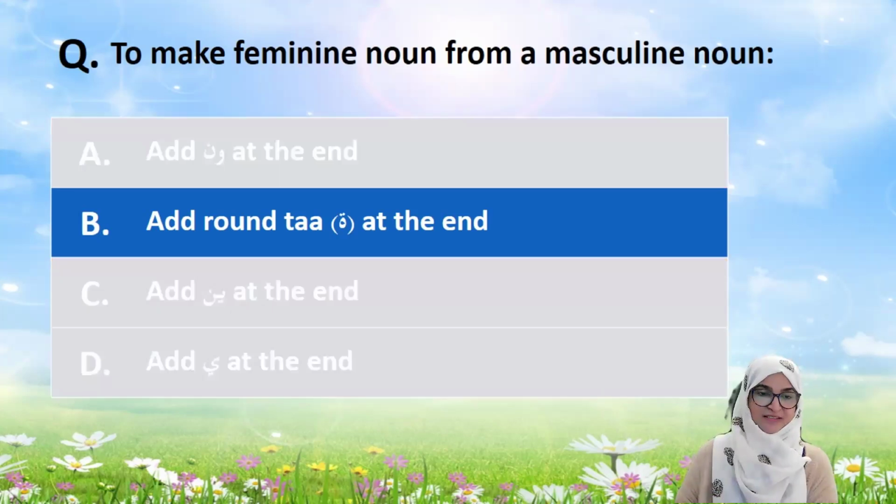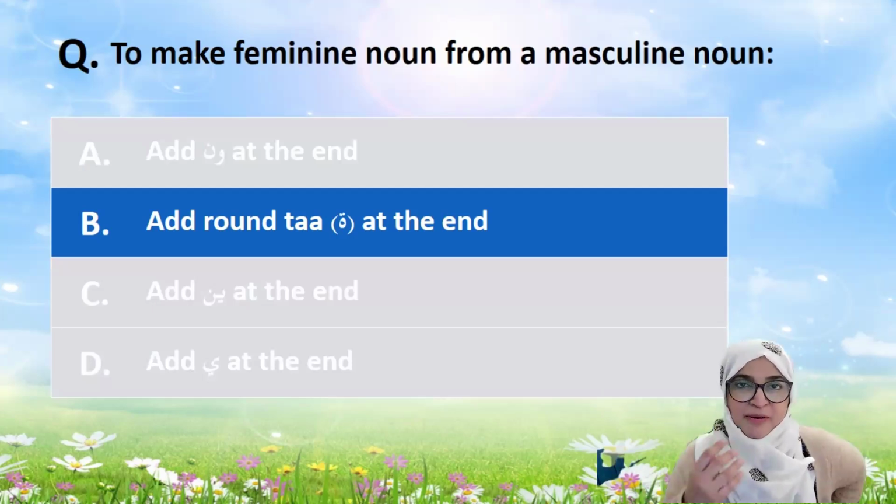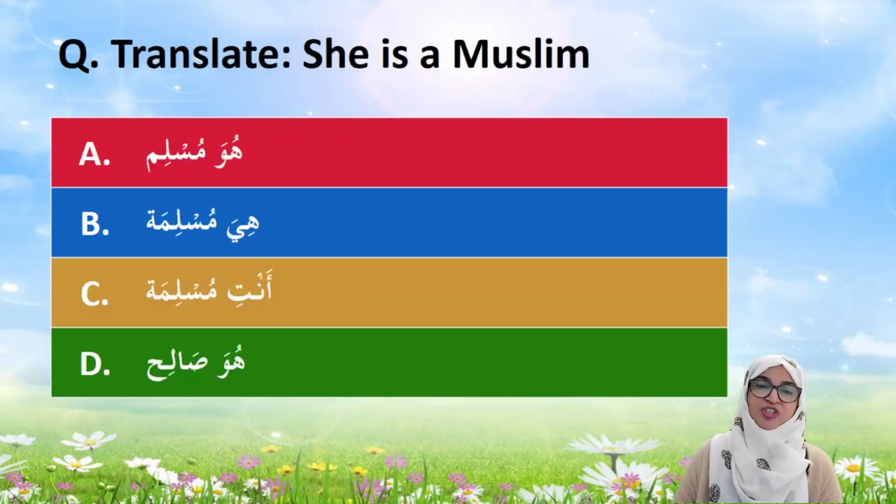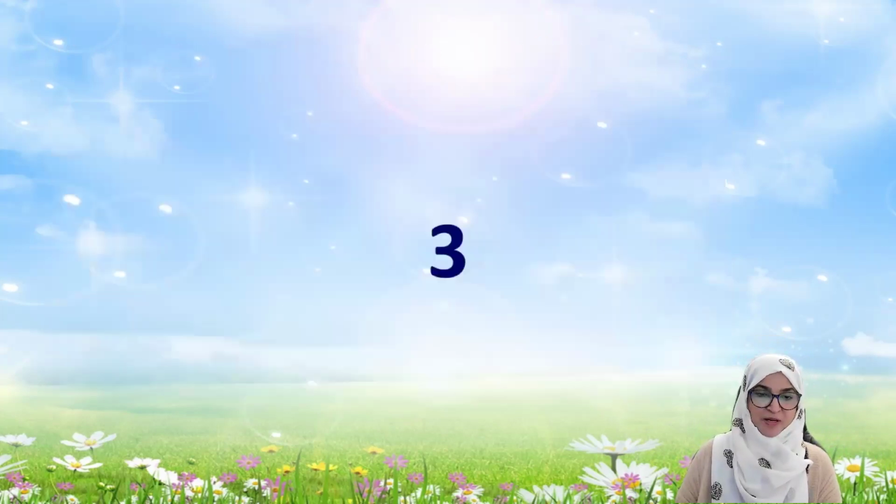Correct. B, add round ta at the end. So if you want to make it masculine to feminine, all you have to do is add a round ta at the end. Translate: she is a Muslim. Hiya Muslima. Correct. B. Hiya Muslima.